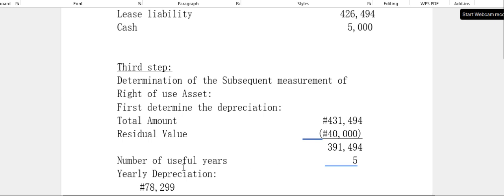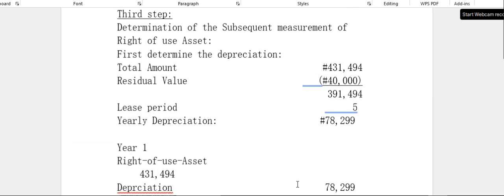The number of useful years of the contract, let's say the lease period, is 5 years. Our depreciation is 78,299. So that is it. It's as simple as this. It's not something that is difficult, please.